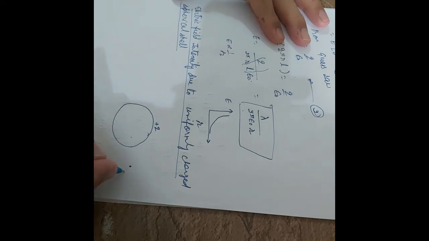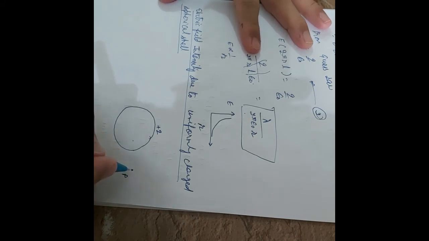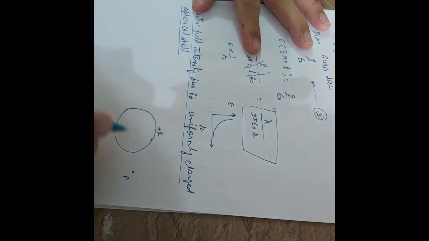Let R be the radius of this spherical shell, and the point P is at a distance small r from the center of the spherical shell.